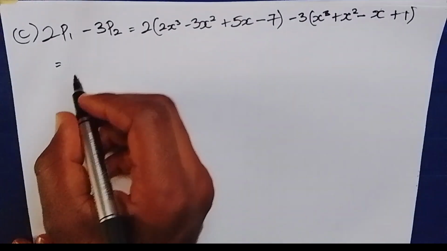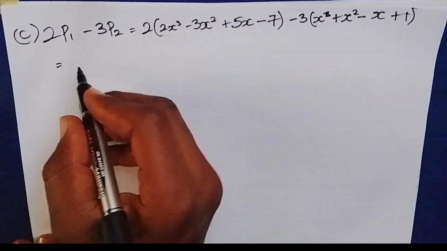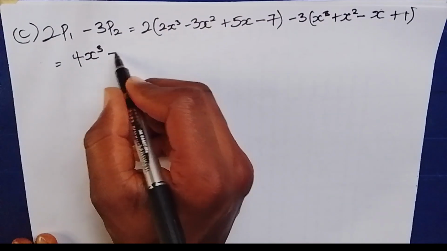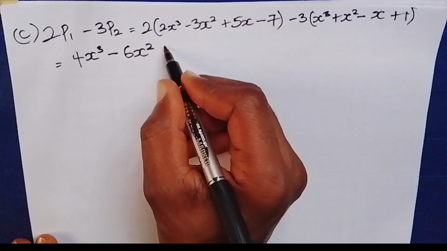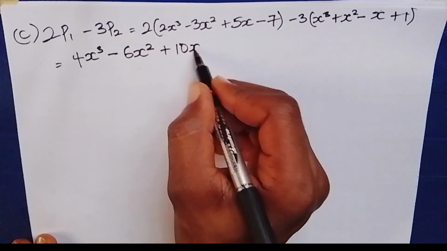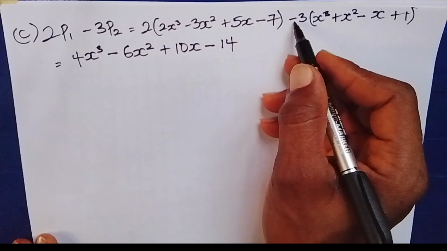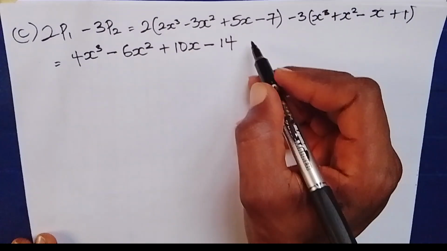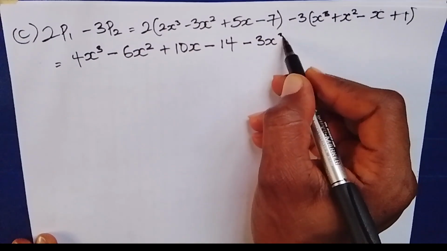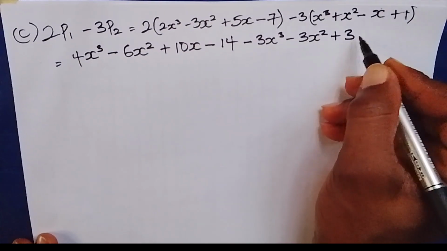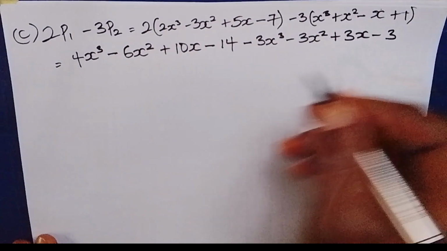Now let's open our brackets. 2 multiplies everything here. 2 times 2x cubed becomes 4x cubed. 2 times minus 3 becomes minus 6x squared, plus 2 times 5 here we have 10x, 2 times minus 7 here we have minus 14. Then remember, as we multiply, the minus sign affects everything. So minus 3x cubed, minus 3x squared, plus 3x, then minus 3.